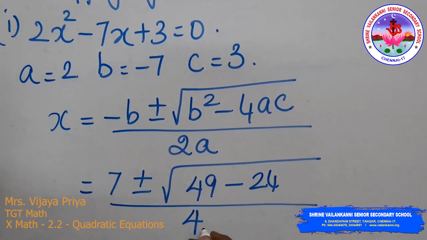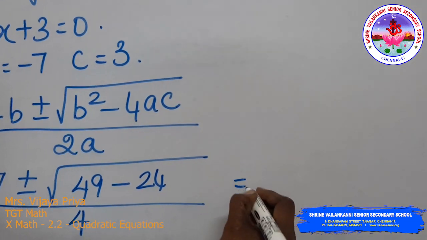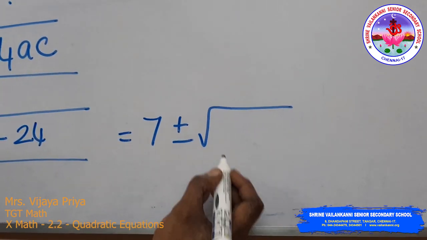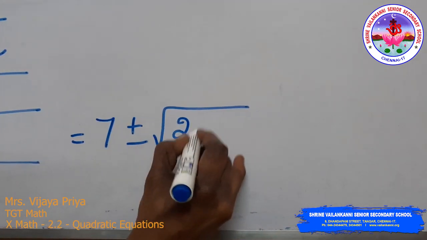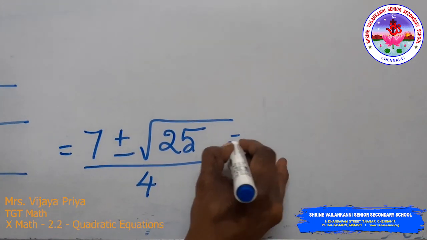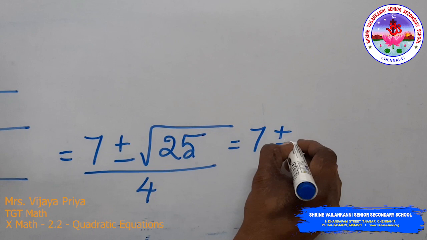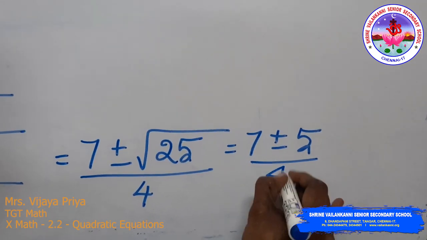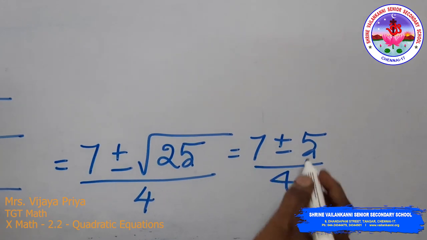So it is equal to 7 plus or minus square root of 49 minus 24, which is 25, divided by 4, which is equal to 7 plus or minus square root of 25, which is 5, divided by 4. Thus you have two values here.